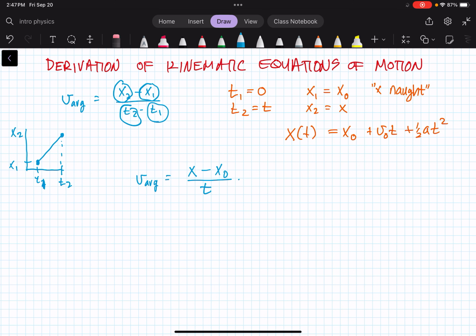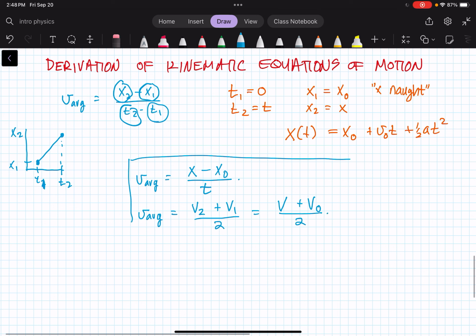The other thing that we realized we could do is write the average velocity as just the velocity at v2 plus v1, and then divide by 2. In the same way that we did this for x, we can say that v2 is equal to v, and v1 is our initial v, or v naught. So these are our two expressions for our average velocity in the one-dimensional case. And of course, they are equal to each other, and that's going to be really important.